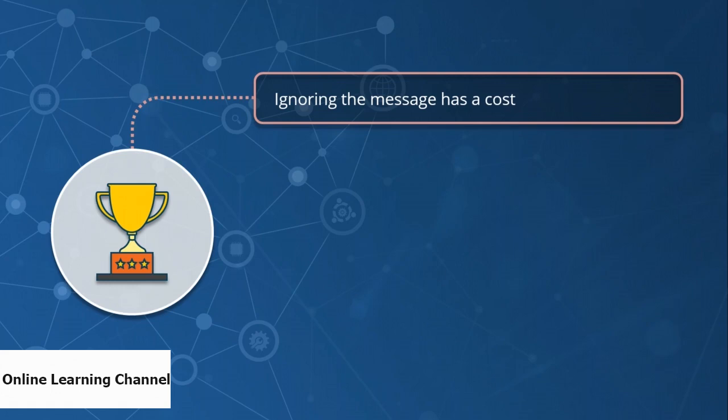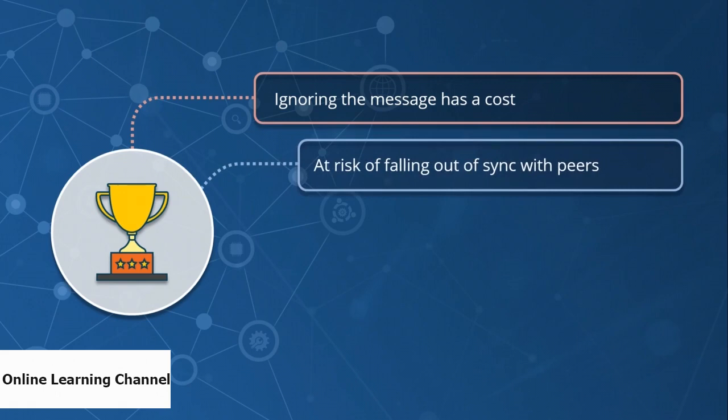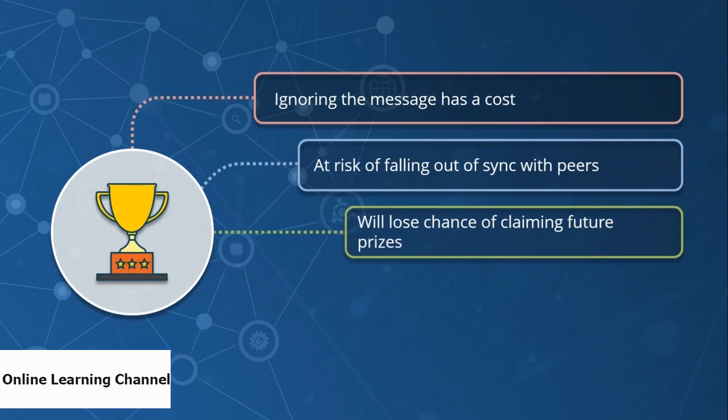So if all of the nodes in the Ethereum network have one version of the blockchain and one particular node maintains a different version, it will be out of sync with its peers. And also, very importantly, it will lose any opportunity of claiming mining rewards in the future.